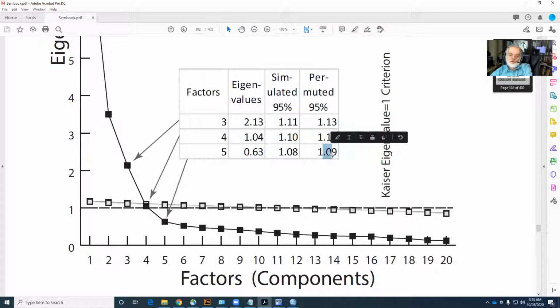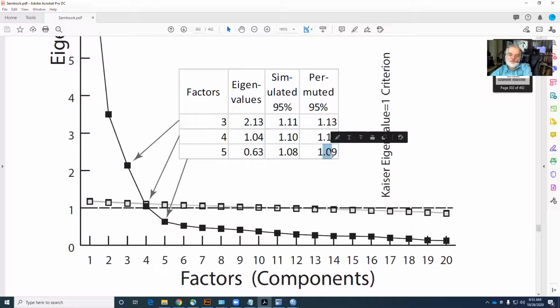If I factor that, I'm going to get ones just straight across the board because each factor is going to explain only one variable. It's going to explain it completely, but it's only going to explain one variable because there are no covariances in the data.